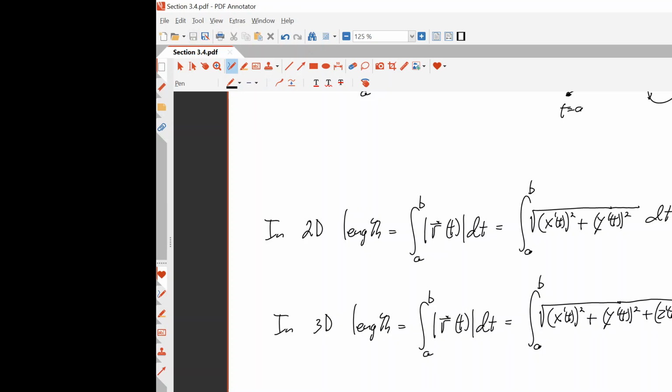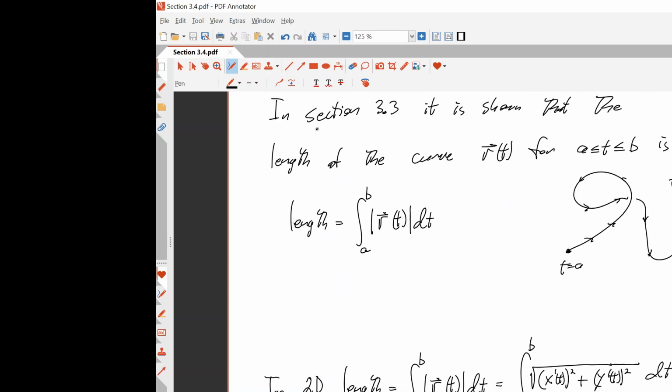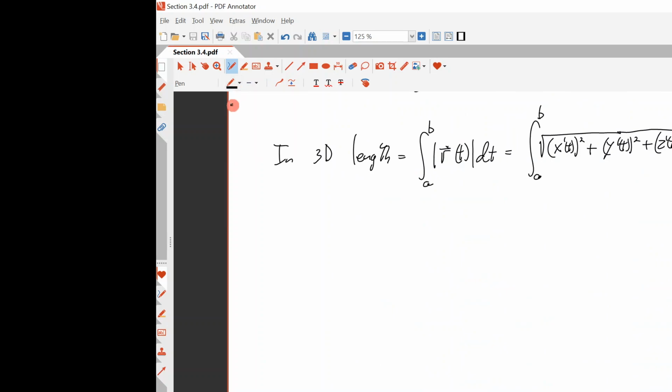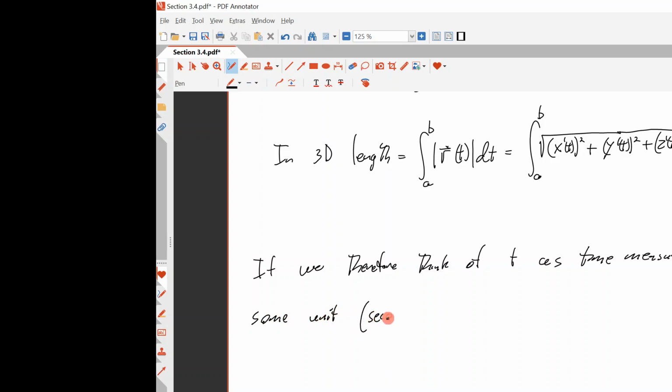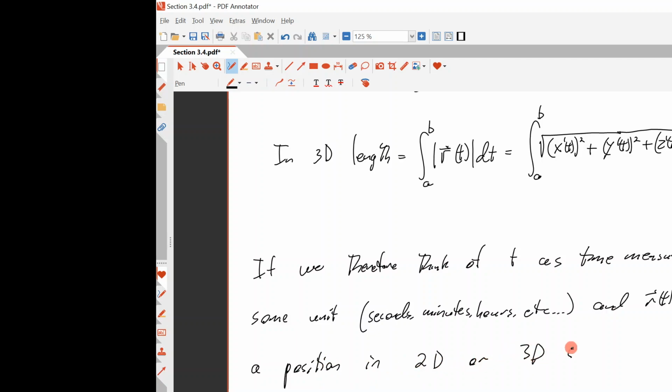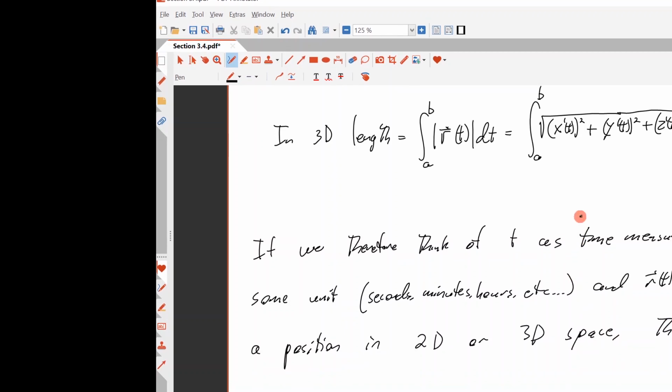Now, what is the importance of this? Since that's the length of the curve, if we think of t as time measured in some unit, seconds, minutes, hours, etc., and r of t as position in 2D or 3D space, then what happens?